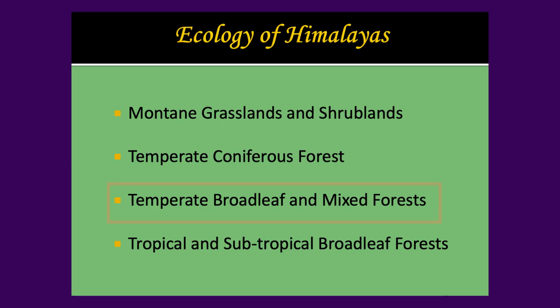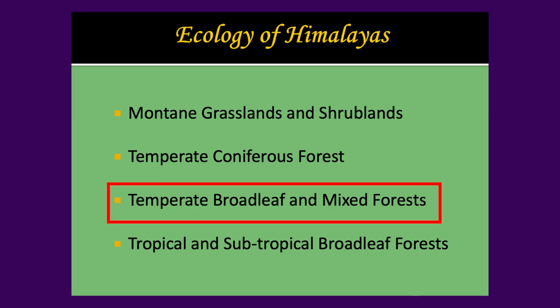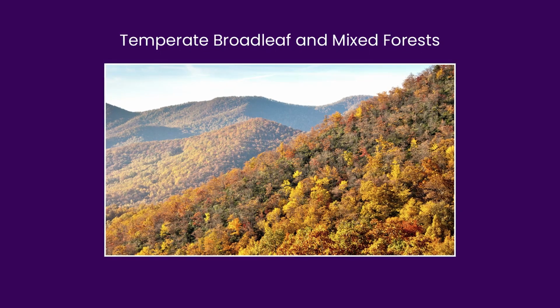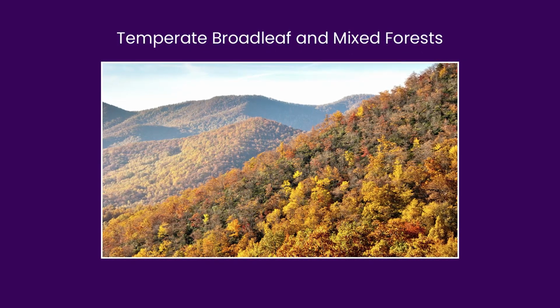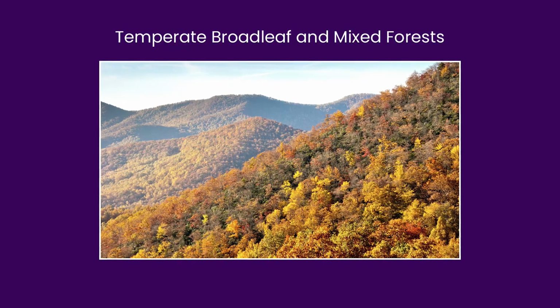The third one, temperate broadleaf and mixed forest. Found in the middle elevation of 6,600 to 9,800 feet in the eastern region are broadleaf and coniferous forests. These forests receive almost 80 inches of annual rainfall, mostly during the monsoon season.